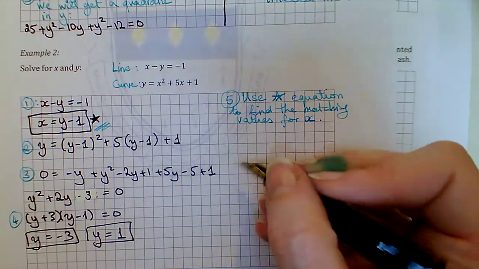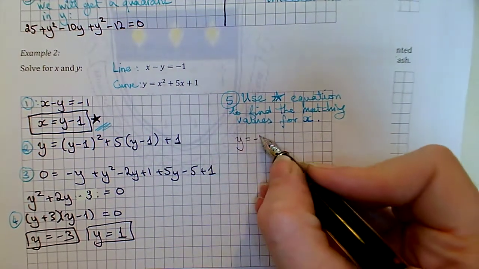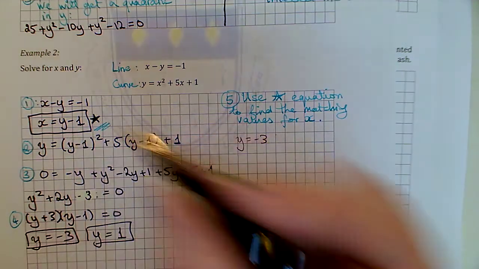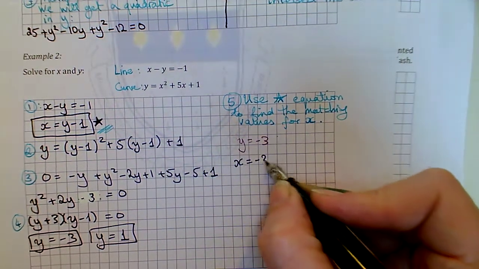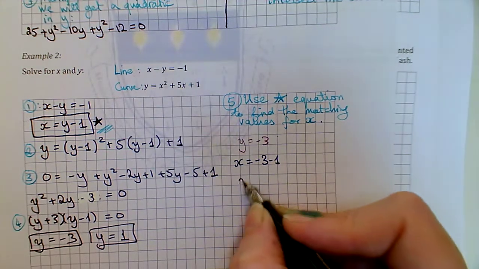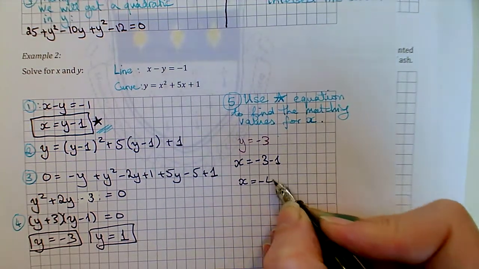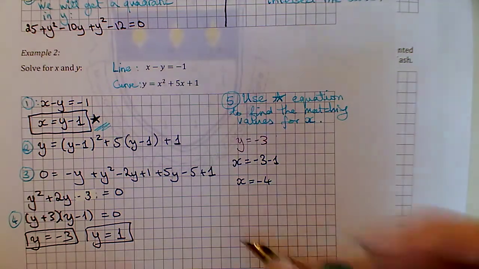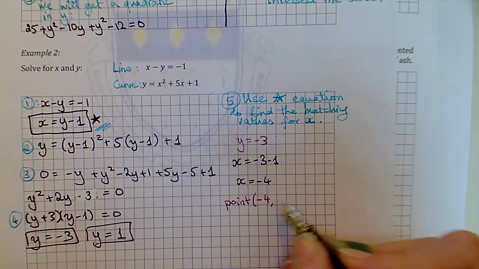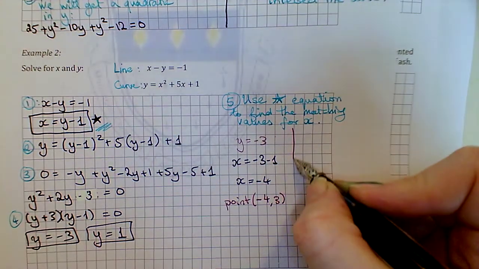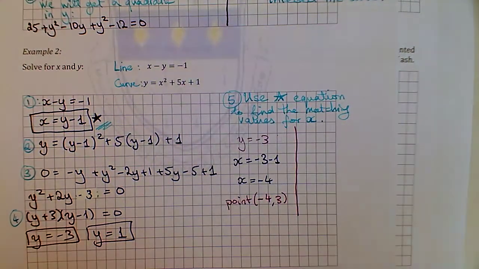Okay, so let's look at what that looks like. When y is equal to minus 3, x is equal to y minus 1. So x is equal to minus 3 minus 1, and x is equal to minus 4. So we have the point minus 4, minus 3. That's one of the points of intersection.